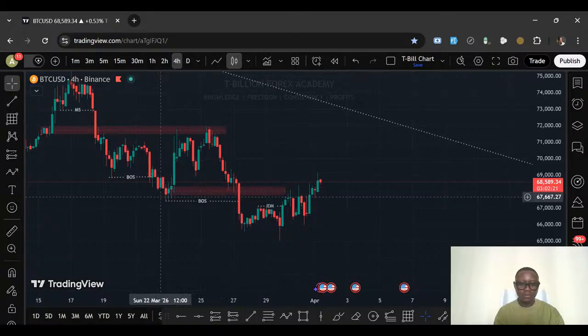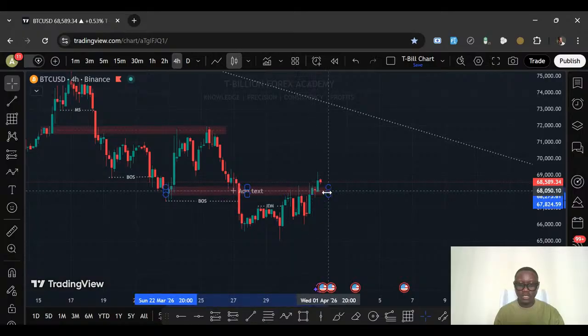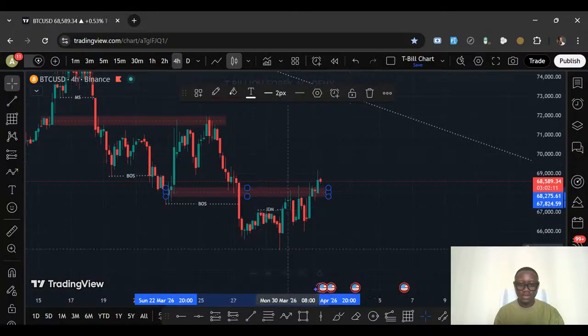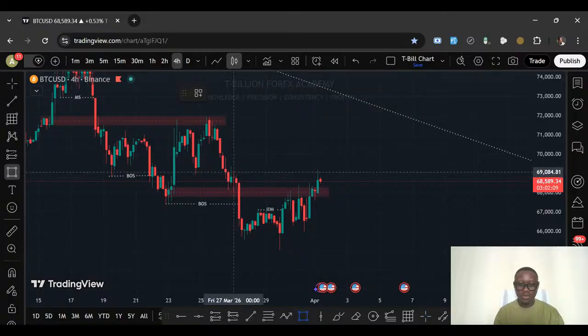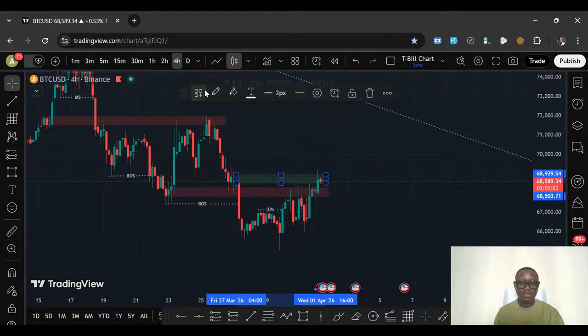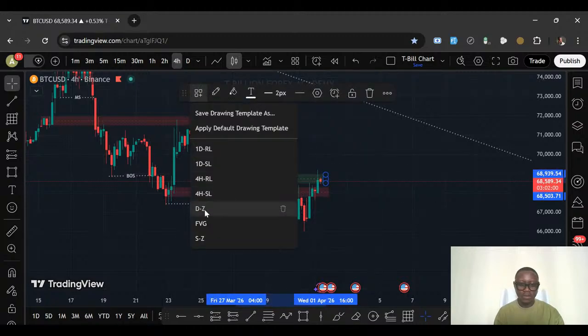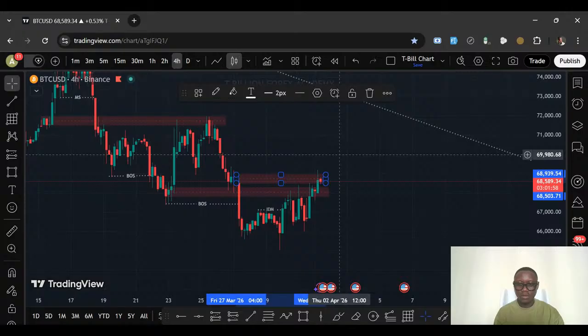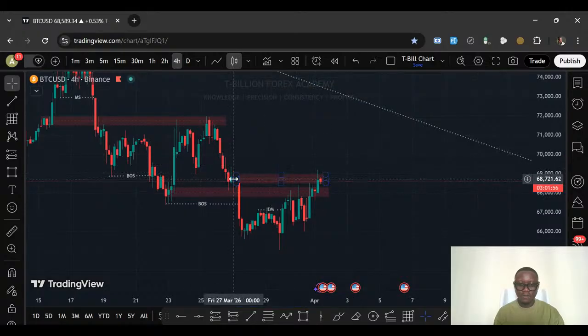Now we have this breaker block right here, which price has already mitigated and invalidated. And here we got our other block, which price is currently reacting to. That is our supply order block zone.